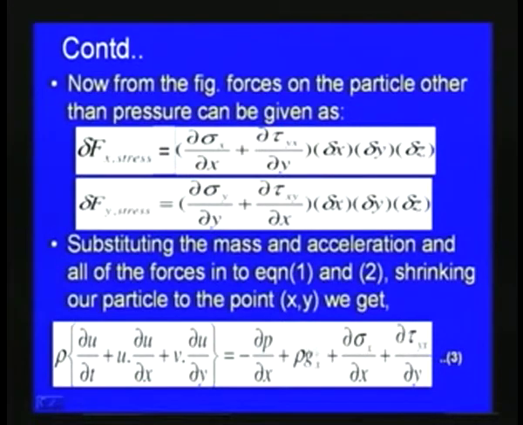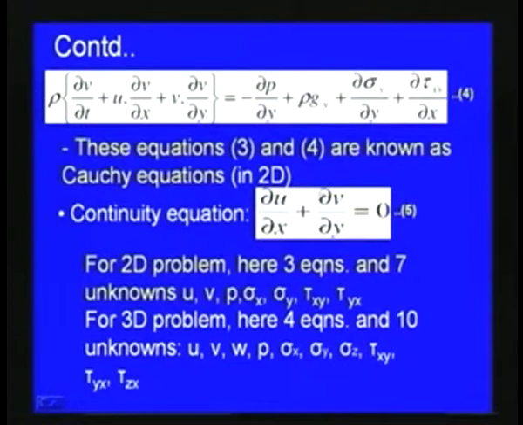This is the final form of the equation, and then in the y direction we get rho into del v by del t plus u into del v by del x plus v into del v by del y is equal to minus del p by del y plus rho g y plus del sigma y by del y plus del tau xy by del x, equation number 4.